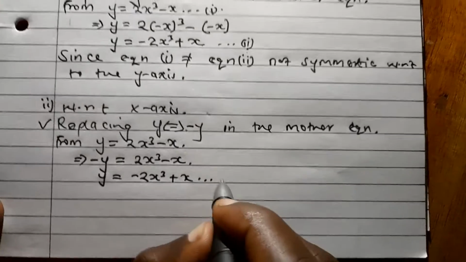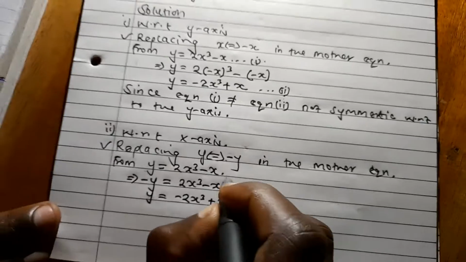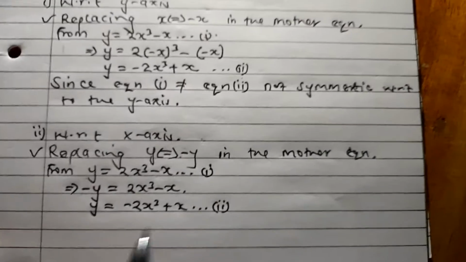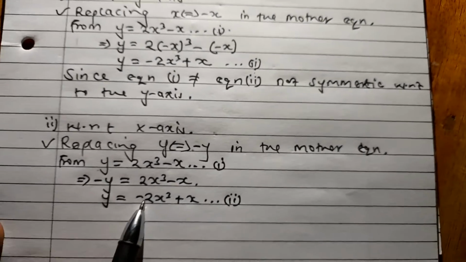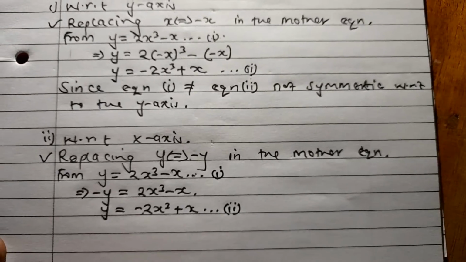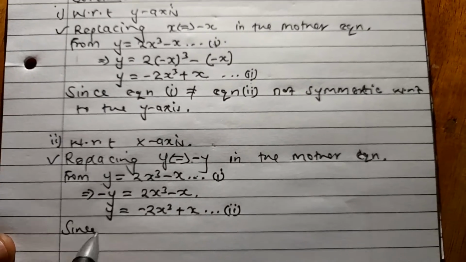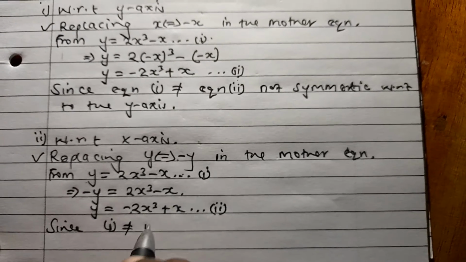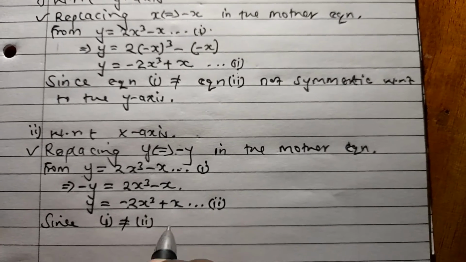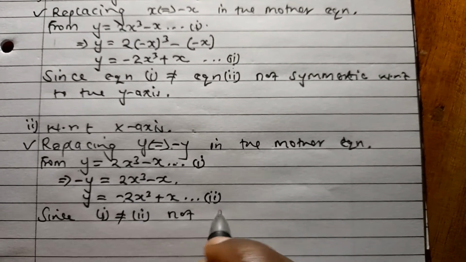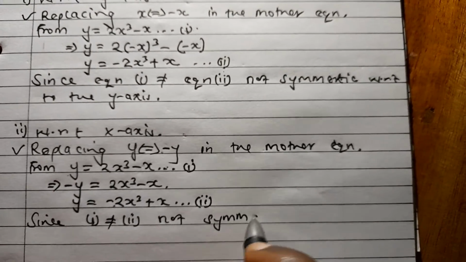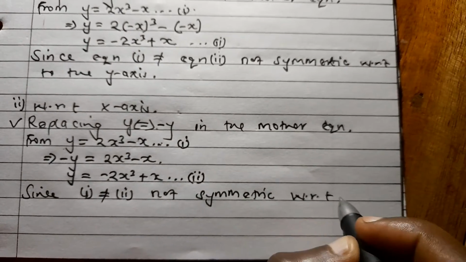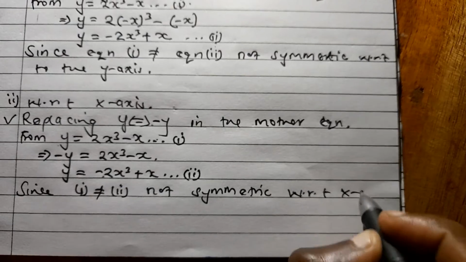If I call this resultant equation Roman 2 and the mother function 1, you realize the resultant equation is not equal to the original equation. Since the mother function is not equal to the resultant equation, the function is not symmetric with respect to the x-axis.